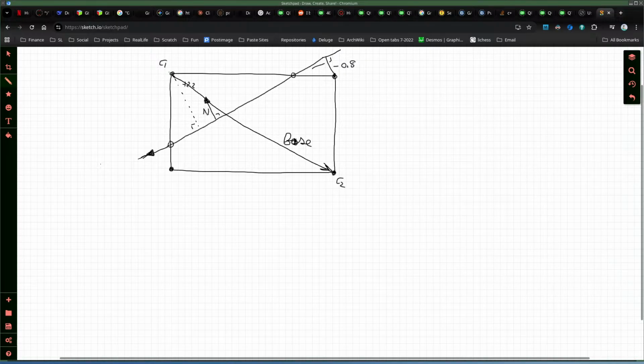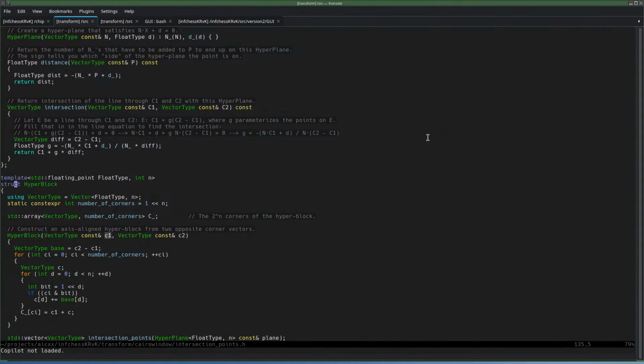Note that in terms of the window, this is X and this is Y. And I think I enumerate those as 0 and 1 because this base is stored as a vector type, where the vector type comes from the current file.